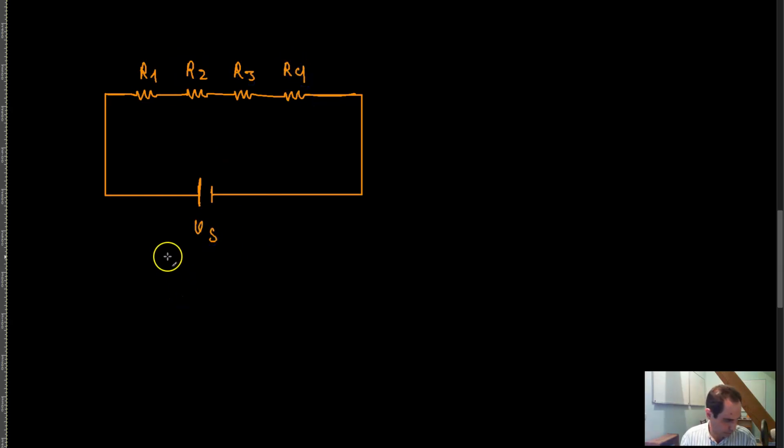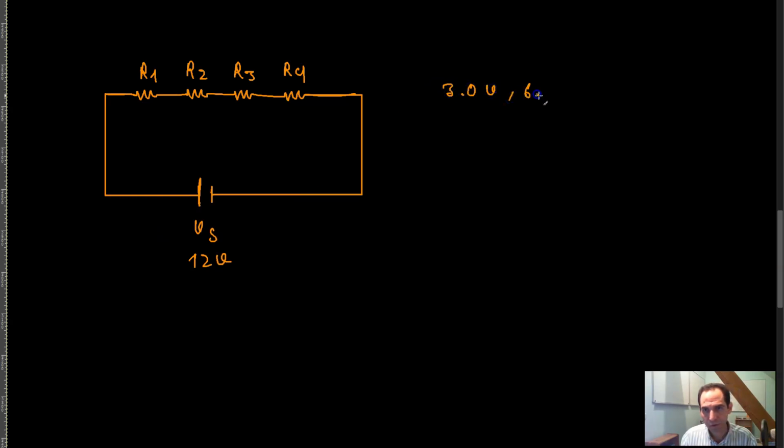For example, let's say you have 4 resistors connected to a power supply, positive and negative. Let's call them R1, R2, R3, and R4, and call the supply V of S. Suppose the power supply is 12 volts, and you want some voltages of 3.0, 6.0, and 9.0 volts.